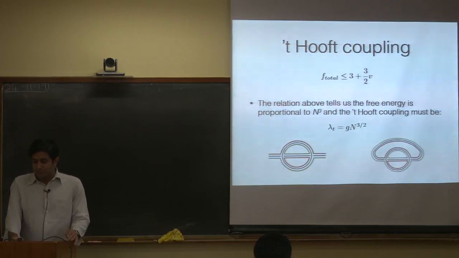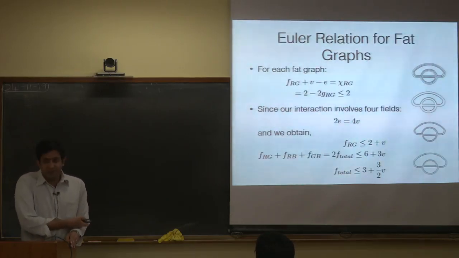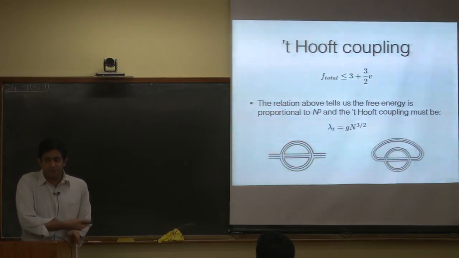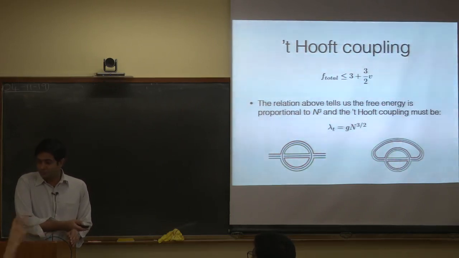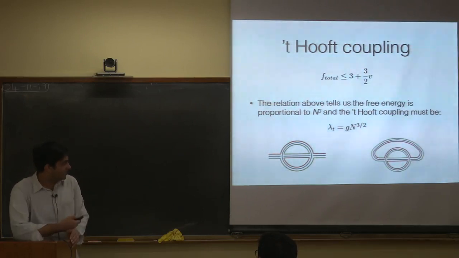No, the question is then what would be the Tooth coupling for this? You can always find a Tooth coupling where they're not suppressed. You can modify this argument to tell you what the Tooth coupling should be for a thing which is not maximally single trace. But Abhijit is asking, suppose you use this scaling and then you take one of these non-maximally single trace guys, could they be super dominant compared to what you've given?